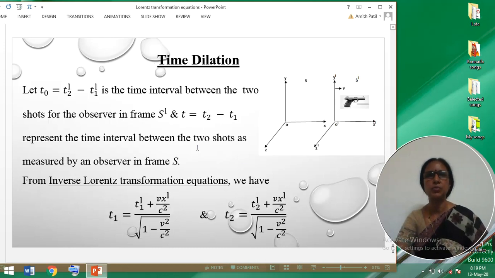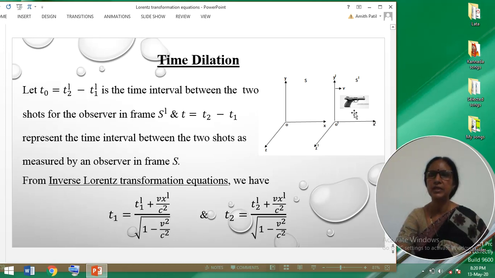Now I'll discuss about time dilation. Again, the explanation is as in the case of the previous one. Consider frame S' which is moving with a constant velocity with reference to frame S along the positive x direction. Now consider a gun which is at rest in the frame S'. The coordinates of this gun are x', y' and z'.